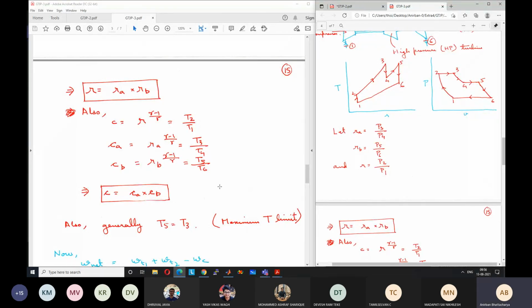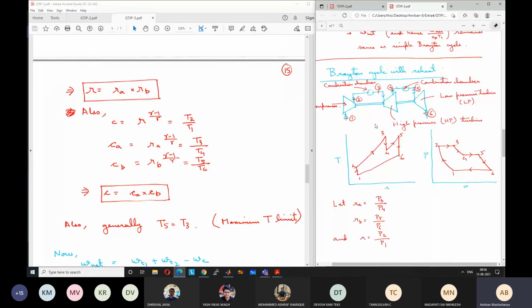Okay. Now typically T3 and T5 are kept same. Why are they kept same? Because those are the maximum temperatures that the blade material can metallurgically sustain.